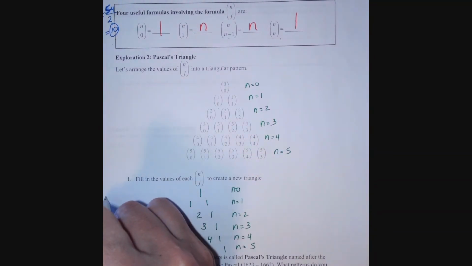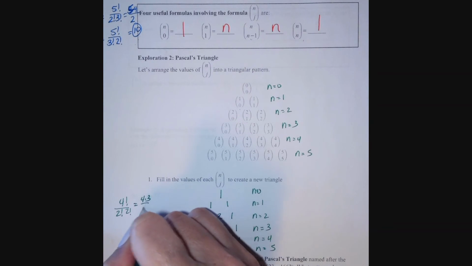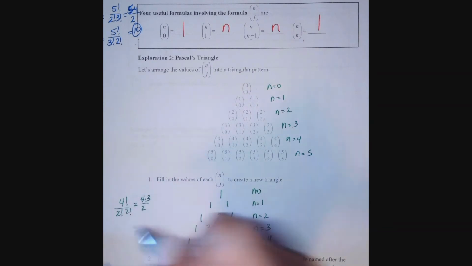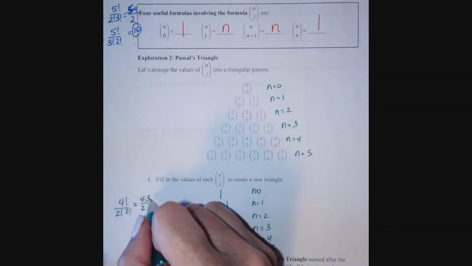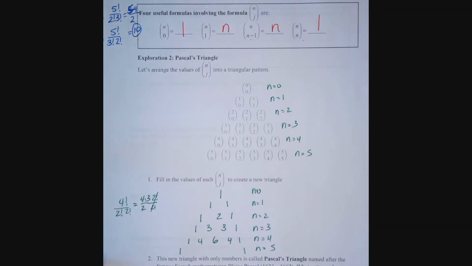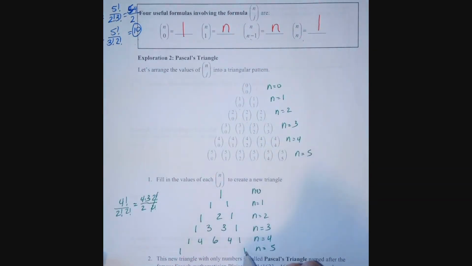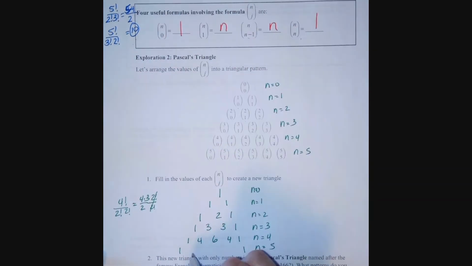It's going to be 4 factorial over 2 factorial, 2 factorial. So 4 times 3 over 2, because the 2 factorial cancels out. I'm going to go ahead and put that down there to show it. 12 divided by 2 is 6. And then we did 5s, right? We got 1 on both outsides, then we got 5 and 5.